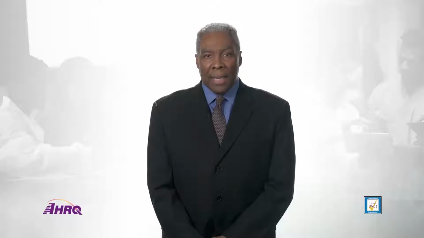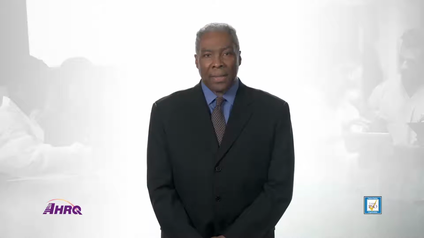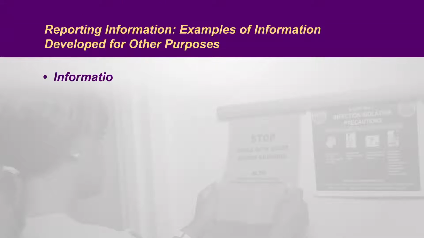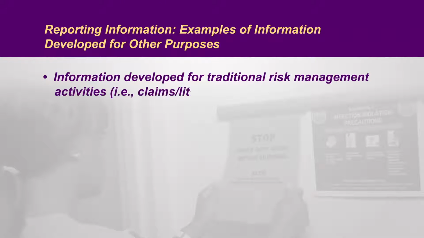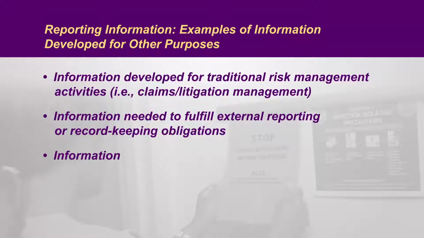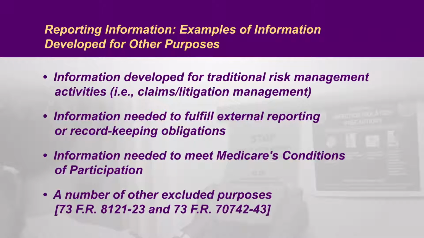The NPRM and the preamble to the final rule provide other examples of information assembled or developed for other purposes, including information developed for traditional risk management activities, information needed to fulfill external reporting or record-keeping obligations, information needed to meet Medicare conditions of participation, and a number of other excluded purposes.